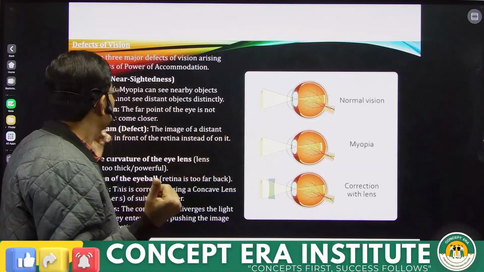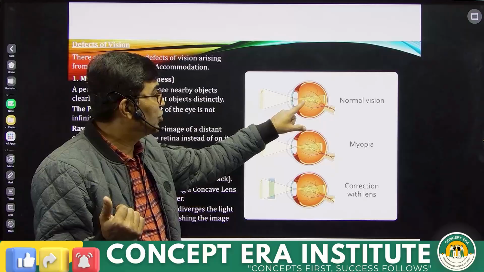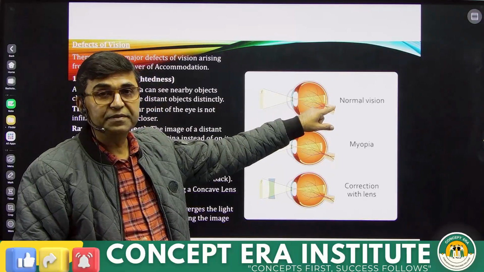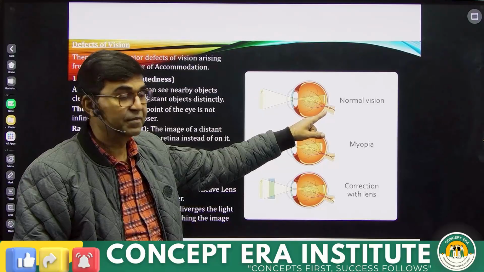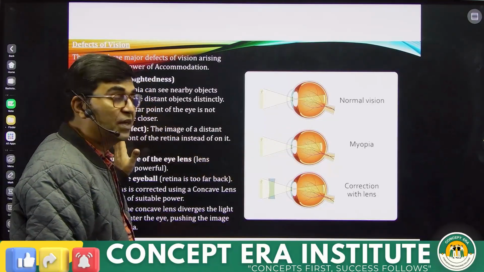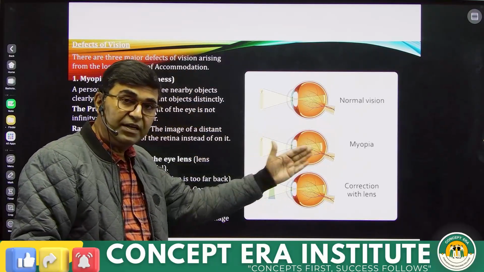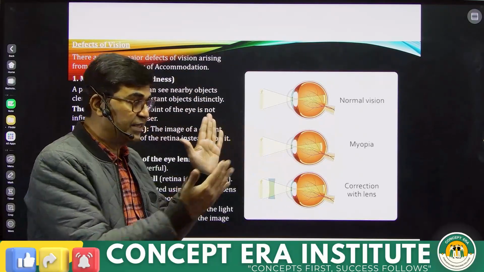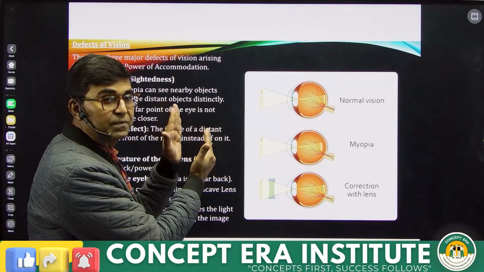Because for a normal eye, the image should form on the retina, like in normal vision, where the image forms on the retina itself. But in case of myopia, the image of the distant objects is formed slightly in front of the retina, not exactly at the retina, but somewhere in front of it.